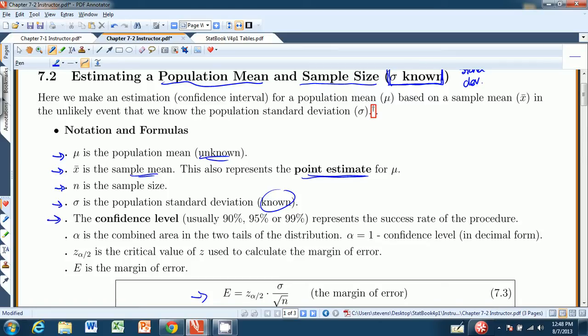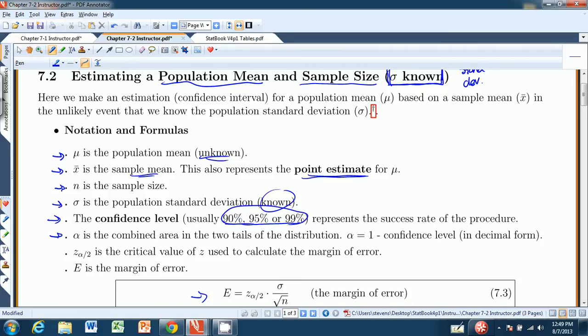The confidence level, which is usually 90, 95, or 99%, technically represents the success rate of the procedure: how often the actual population mean will be within the interval we get. It defines the confidence that we have in that interval. Alpha is 1 minus the confidence level in decimal form, right?